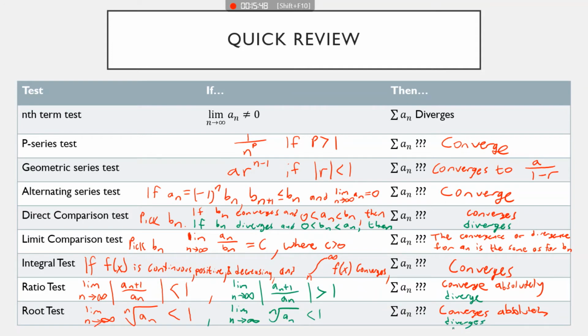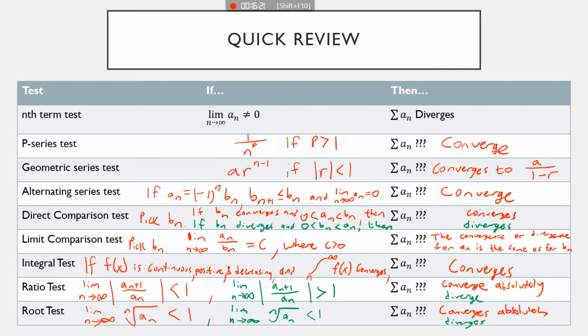Okay, for the alternating series test, how could I prove that the alternating series test converges conditionally? After we find the interval, if one part converges and the other part diverges, then it conditionally converges.